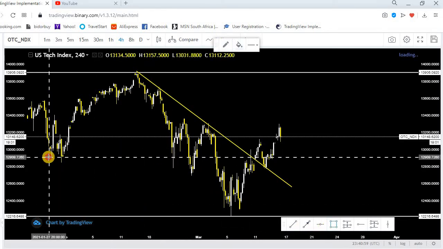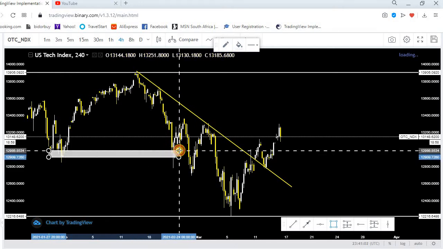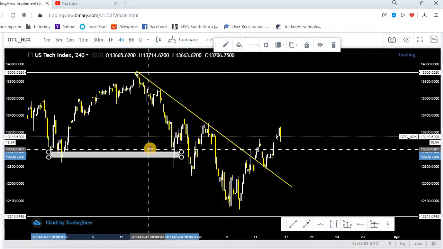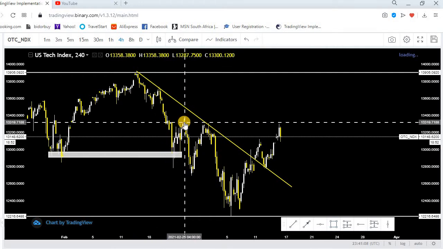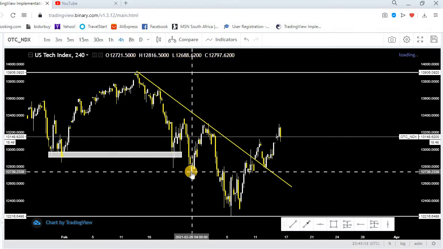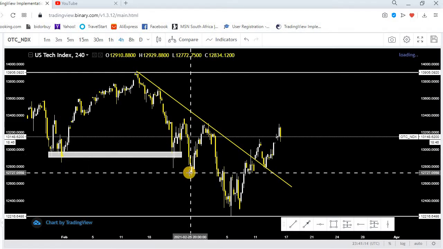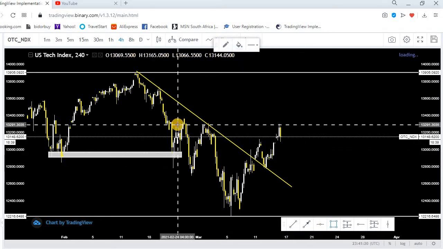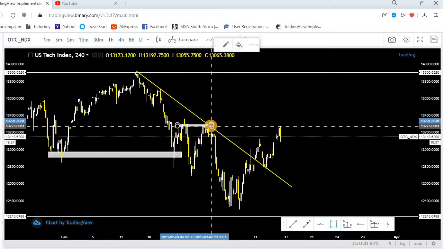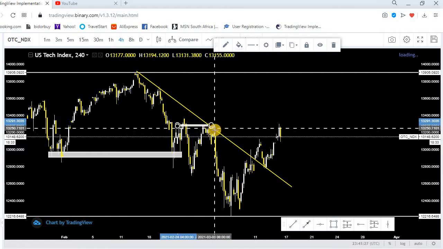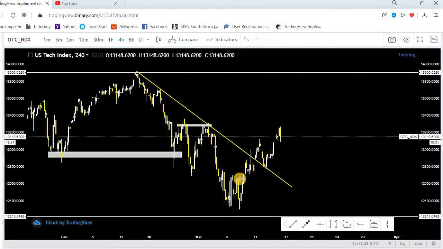It always respects levels. It went here, level of support, went up and came down, broke that level, and created a new resistance and a new support. It went back up, and this time it touched the trend line, respected this level here, and went down.